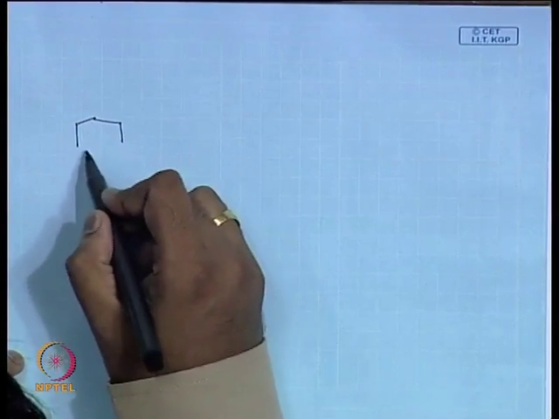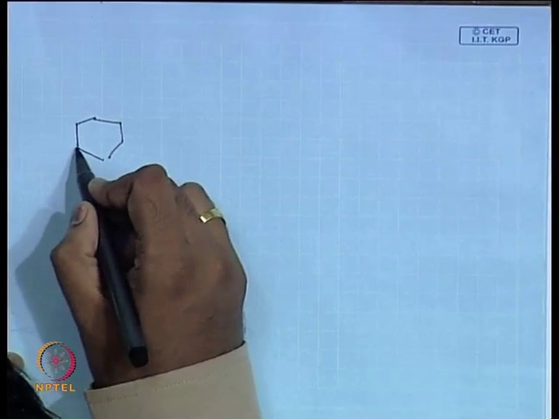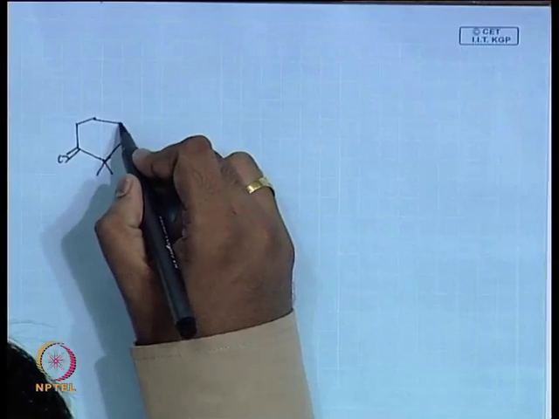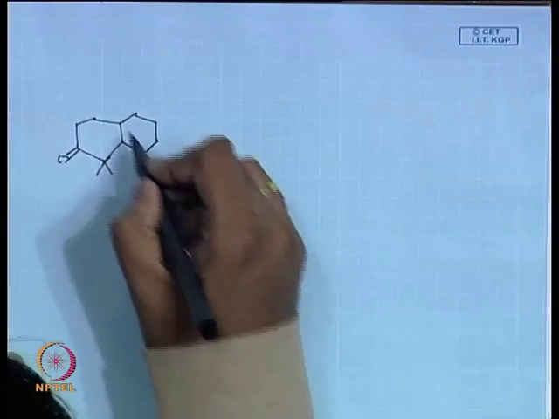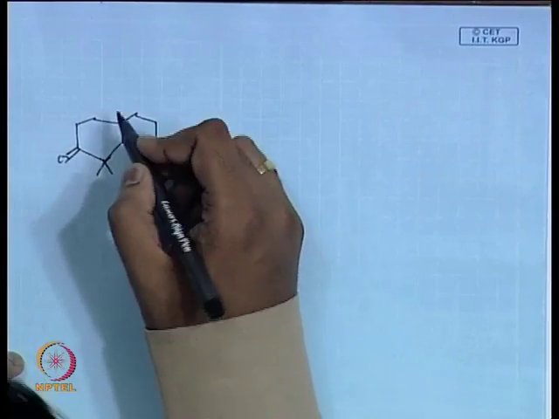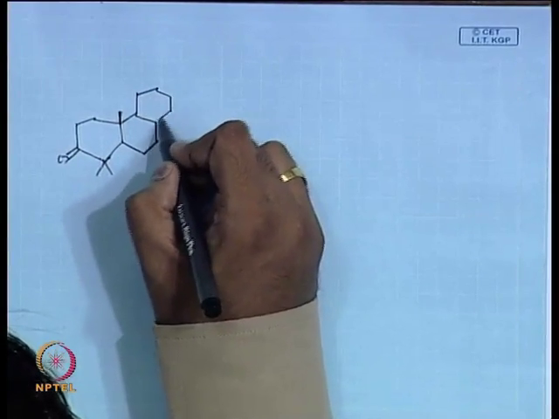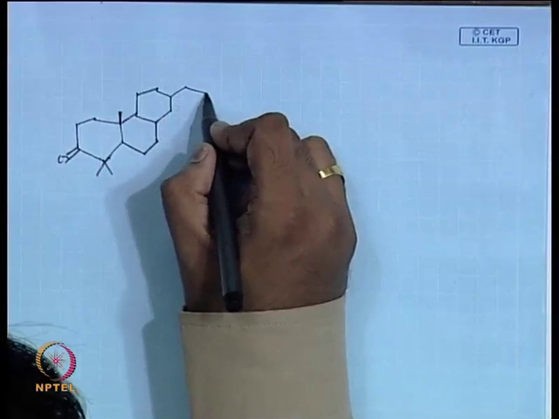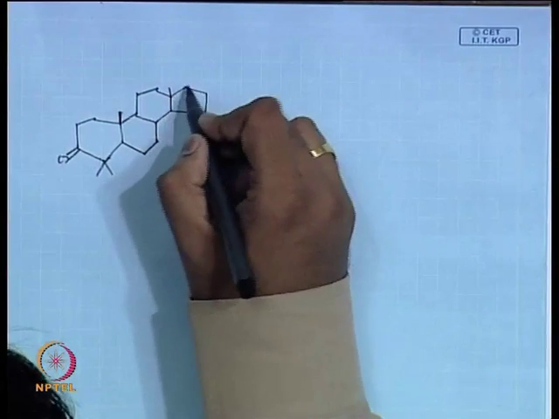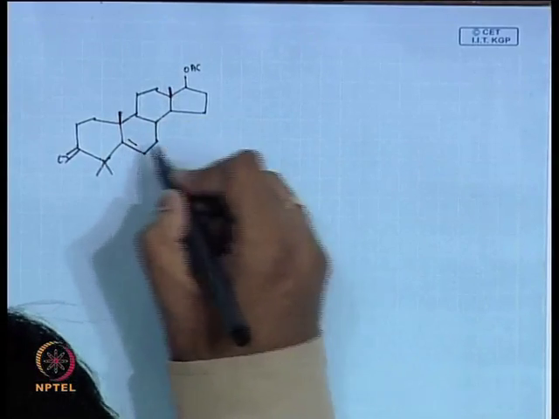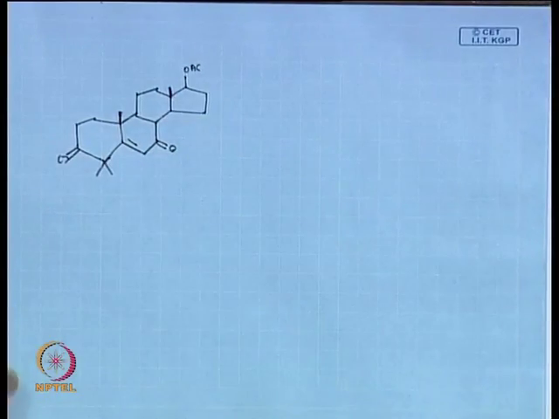Now we will take one nice natural product. Right now, I am not fixing any stereochemistry. Okay, don't worry. So, I have this molecule.